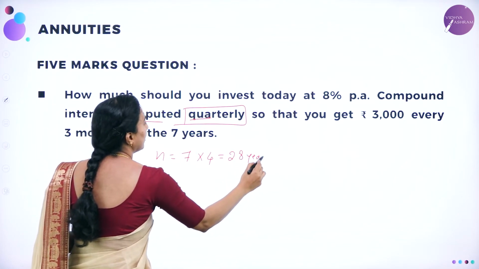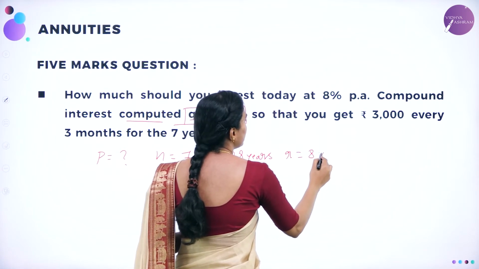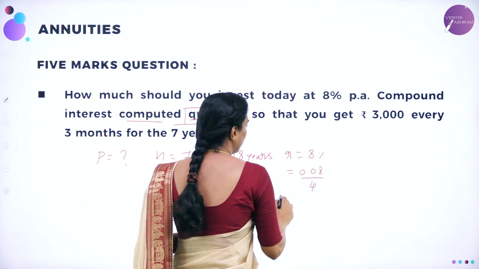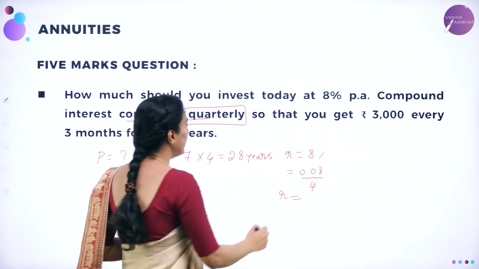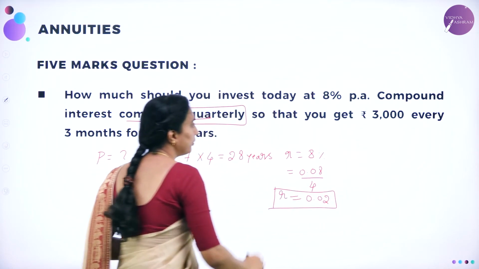Okay, and then R they have given as 8%, which will be 0.08 divided by 4. You need to calculate, so R will be equal to 0.02. I hope you got this one.